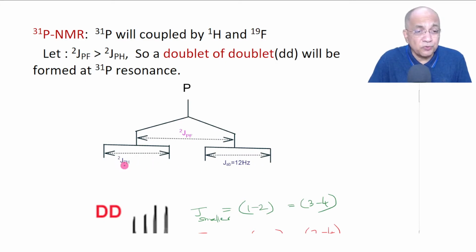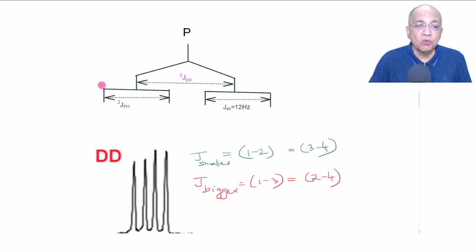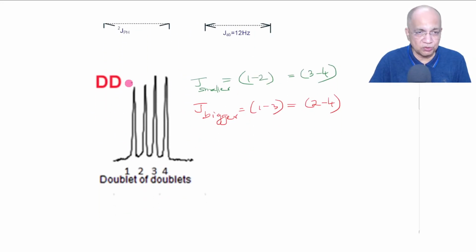It contains 4 lines, but 1:1:1:1. This is a small doublet, this is a small doublet, this is a small doublet, this is a small doublet. The midpoint and midpoint difference is the large coupling constant, and the small separation between the peaks of the first doublet is the small J. So also the separation between the third and fourth.